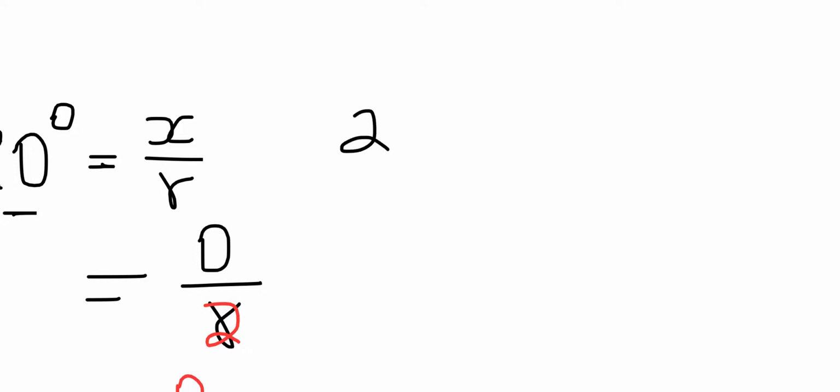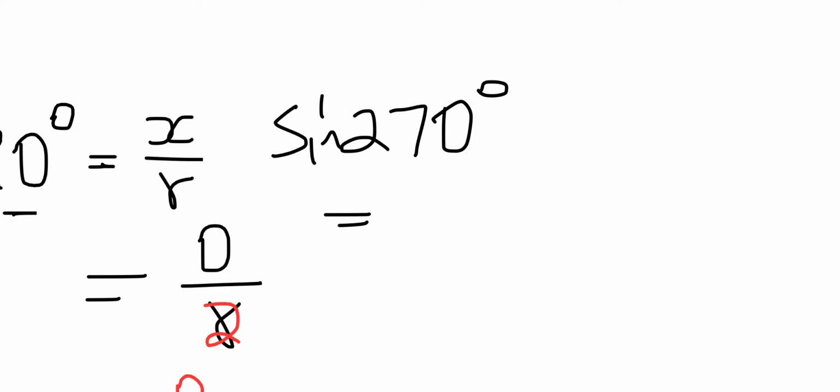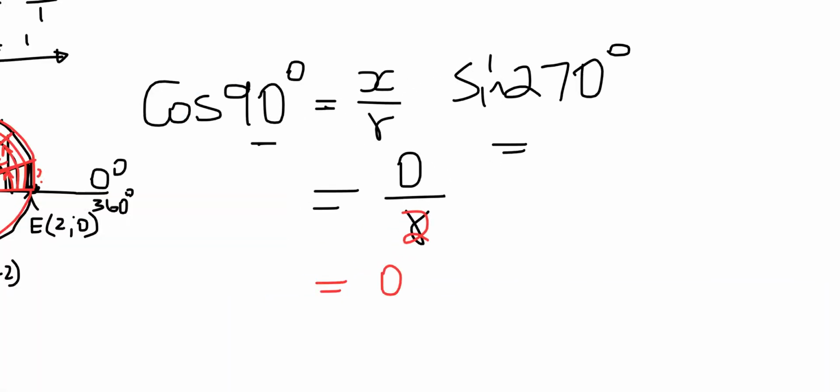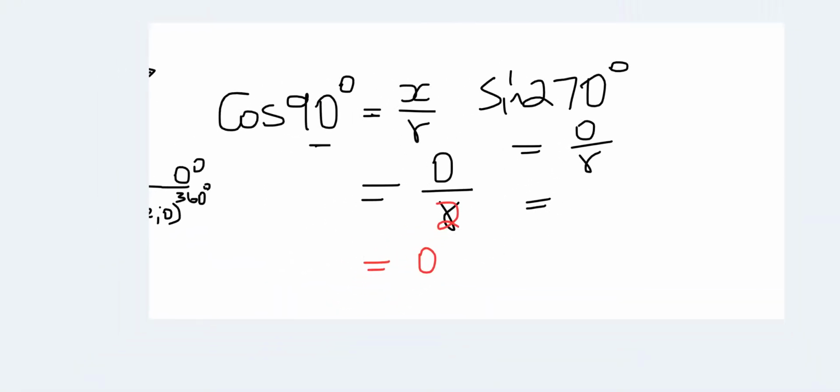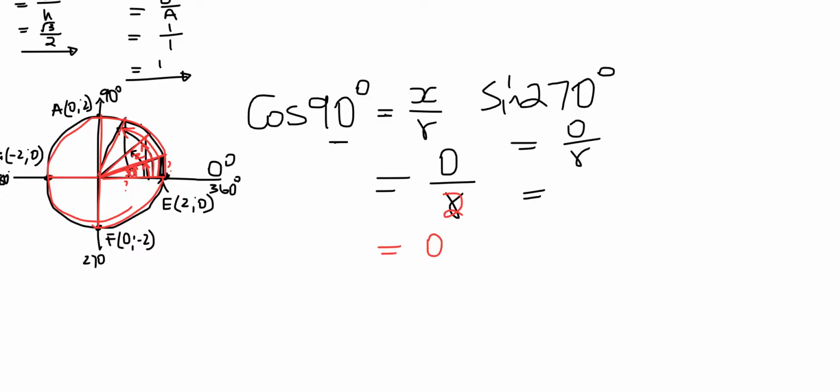Okay, so now what else? Let's say you are given sine of 270 degrees. What will that one be? So again, we look at what the ratio for sine is. The ratio for sine is opposite over r. So what is opposite there?